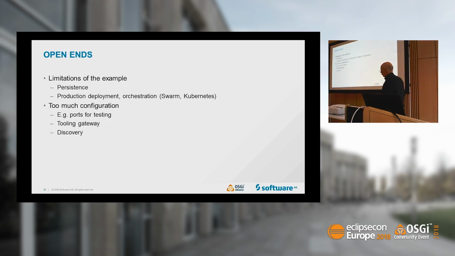In the actual system I was showing, there's still too much configuration. We would like to have a more flexible way of, for instance, configuring ports in a central place, and other configuration information like the secrets that the various parts have to share to work with these user sessions.